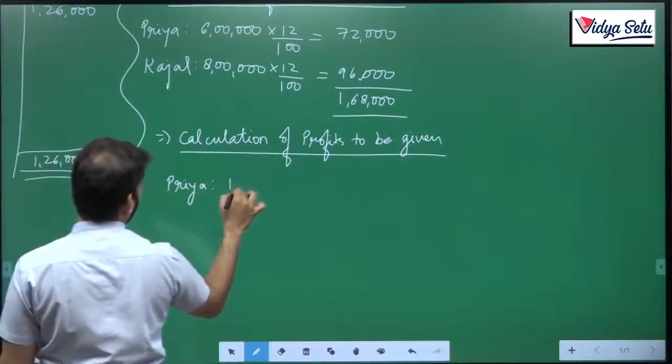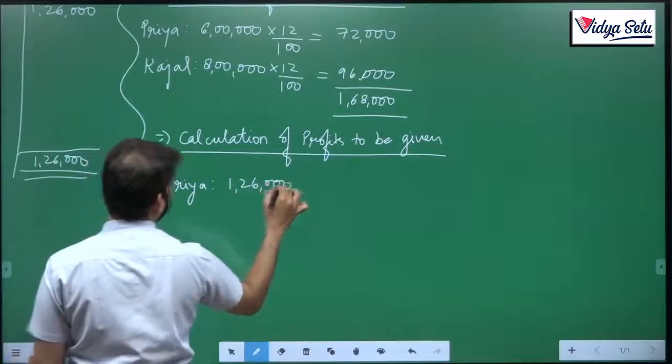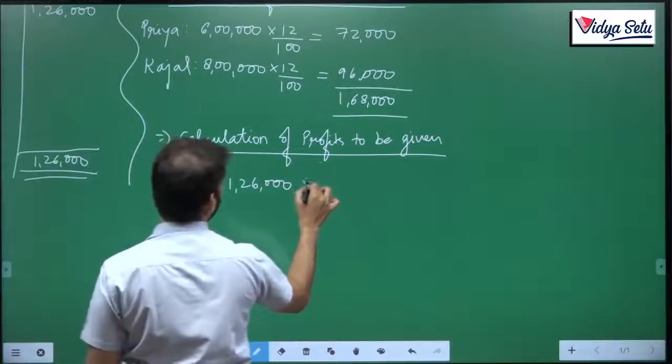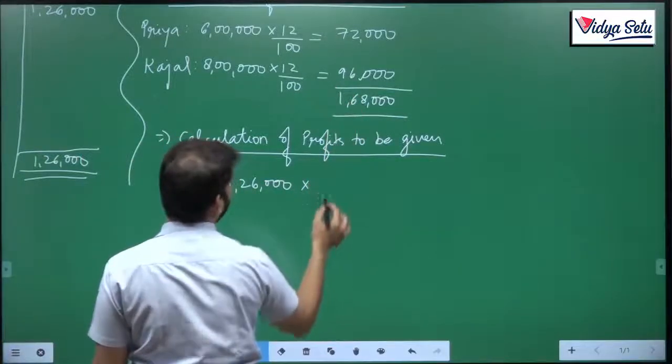Here the total profit is 1,26,000, which will be given to her in the ratio of her interest on capital.